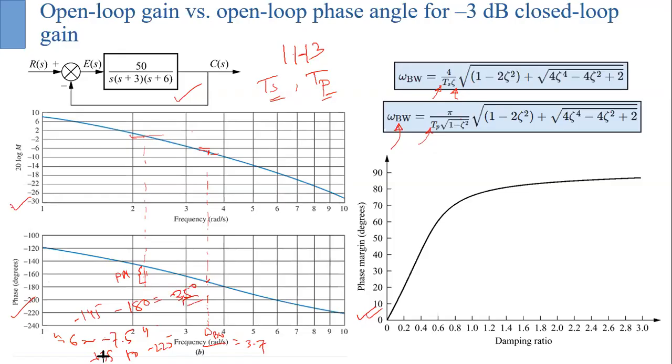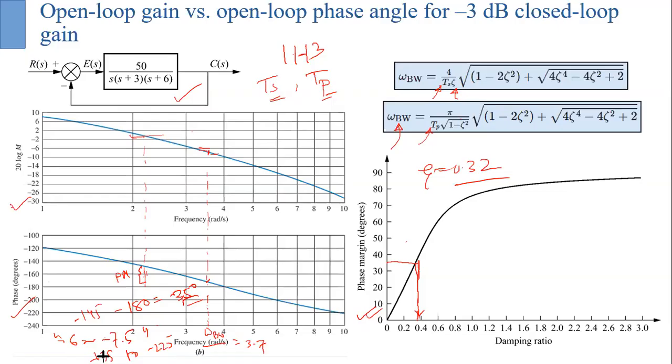If 35 degrees is your phase margin, then you can easily find the corresponding value of zeta. This is how you find the zeta value, and once you know the omega bandwidth as well as zeta, according to the book, the zeta value is approximately 0.32.